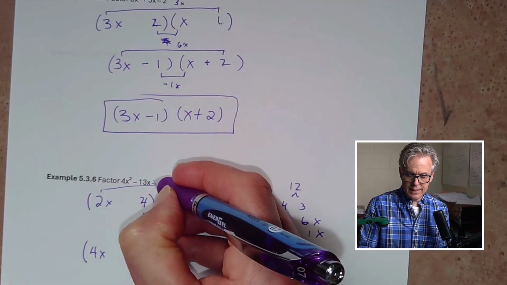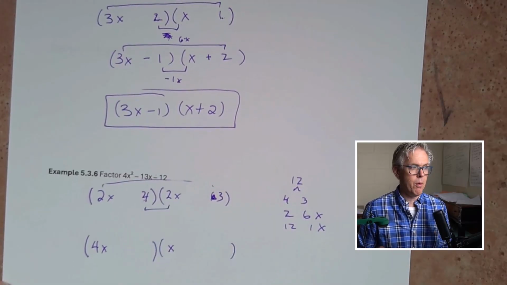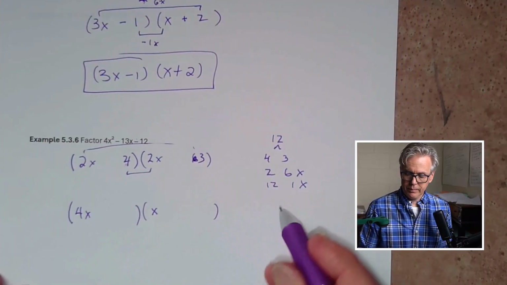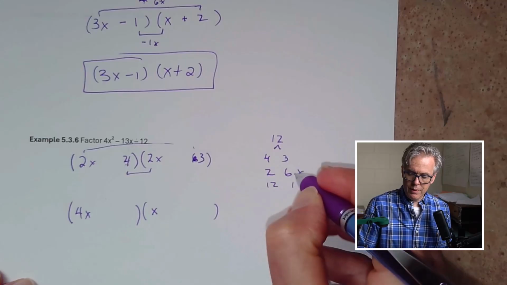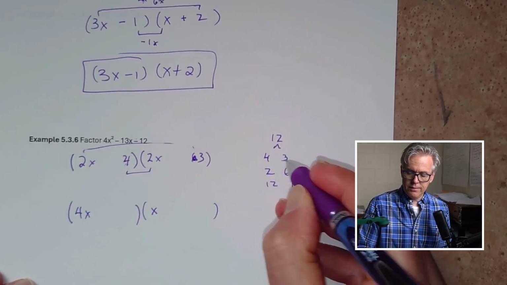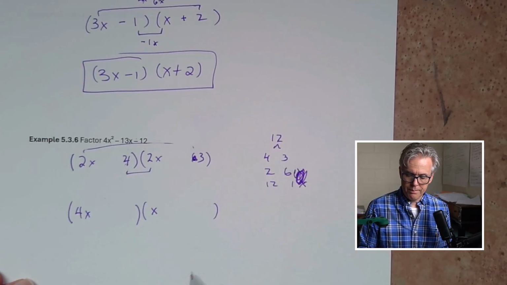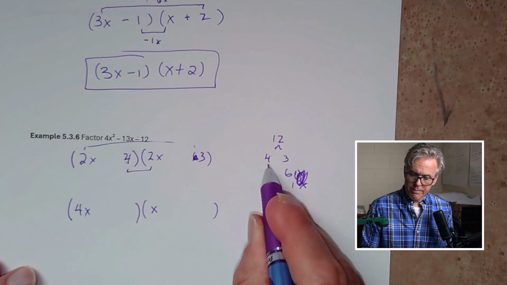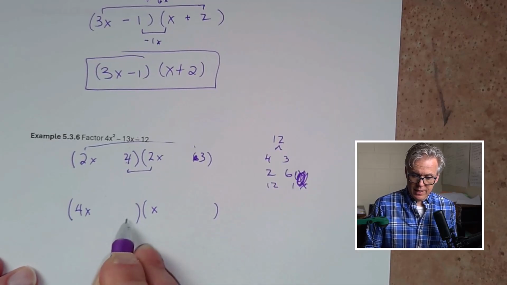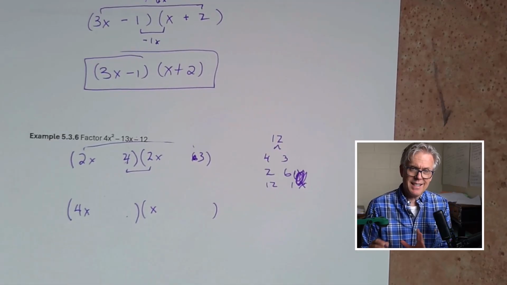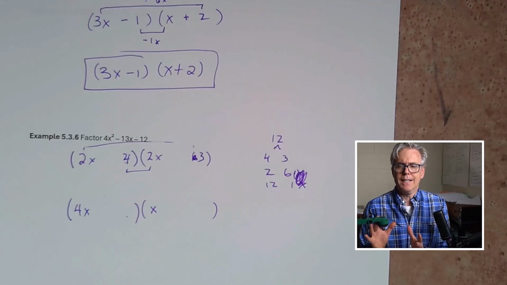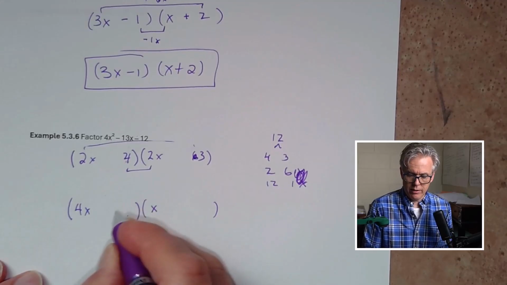Now again, I know since that's a minus that I'm going to have 1 positive and 1 negative. Again, let me redo my factors there. It's 4 and 3, 2 and 6, 12 and 1. Okay, so let's try 4 and 3. So I know 4 is not going to go here because I have a common factor. Knowing that expedites this trial and error method.